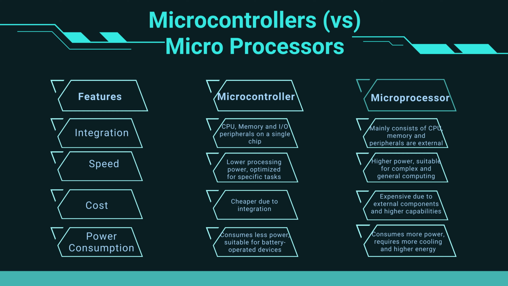Microcontrollers consume less power, which makes them suitable for battery operated devices, whereas microprocessors consume more power, so they usually require more cooling and higher energy supply.